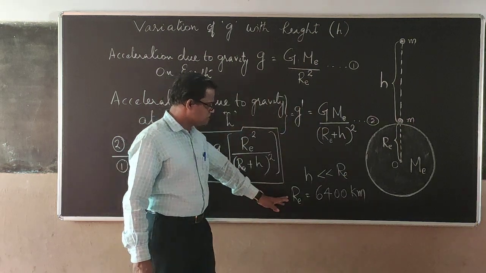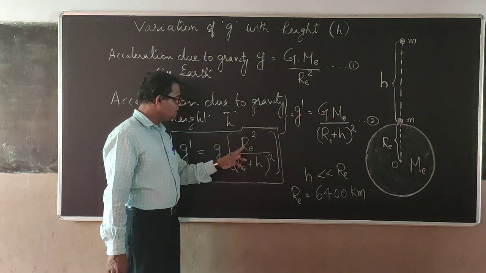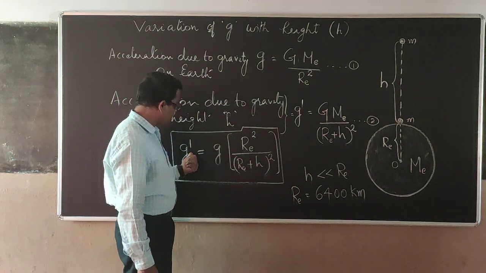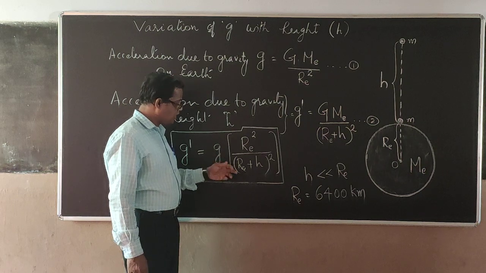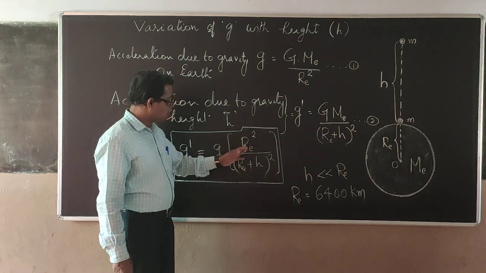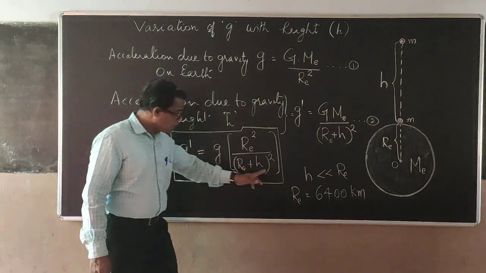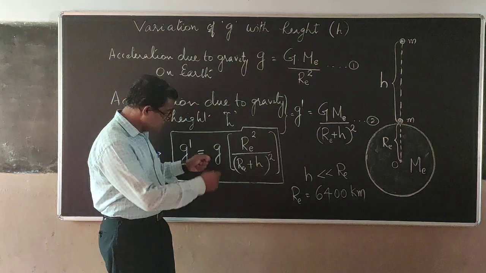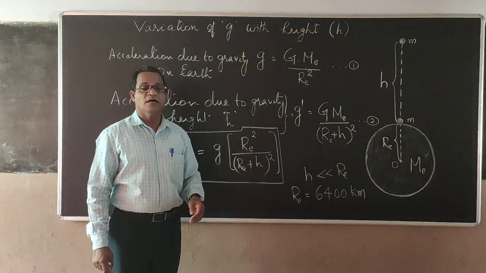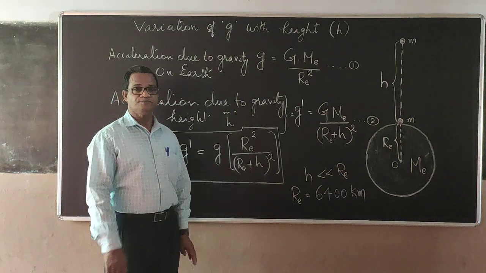Now compared to this large value, suppose I take h is small, then here you can find that g prime will be equal to g because RE plus h becomes RE itself. So RE square by RE square, g prime will be equal to g. So for small heights, if we consider this particular equation, the variation in g is not seen.